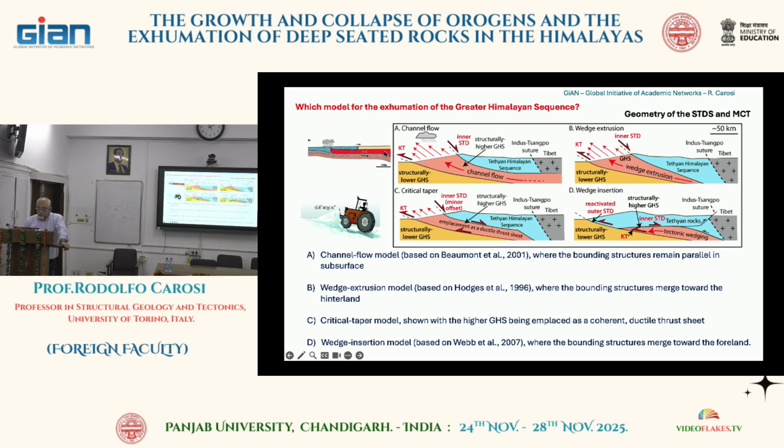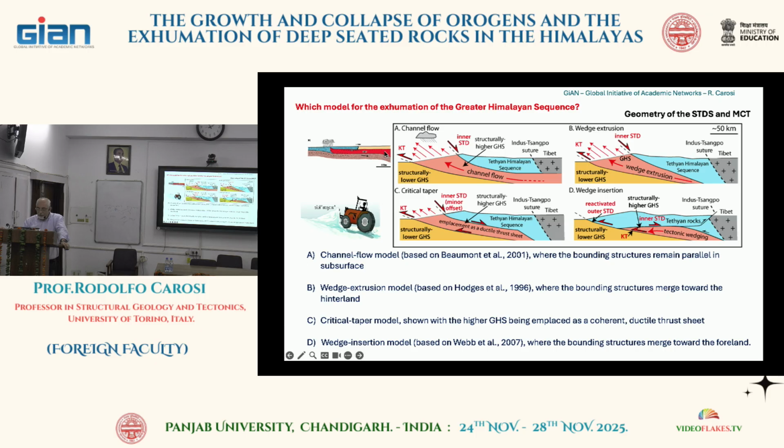In the wedge extrusion model that we saw 2 days ago, these two kinds of fault should merge towards the hinterland, towards the north, so the geometry is a little bit different.